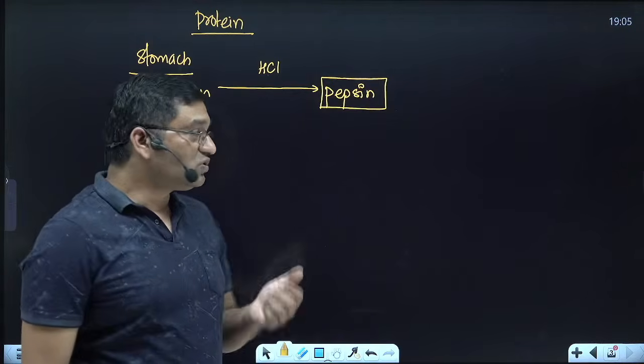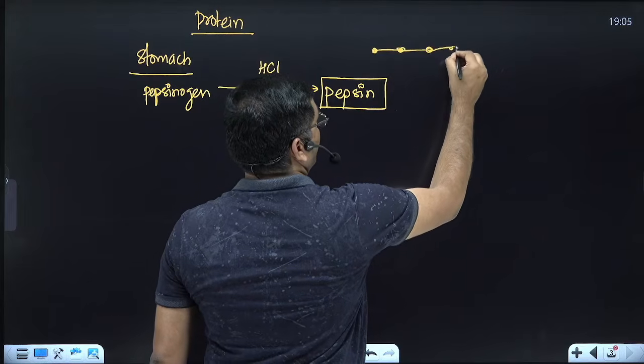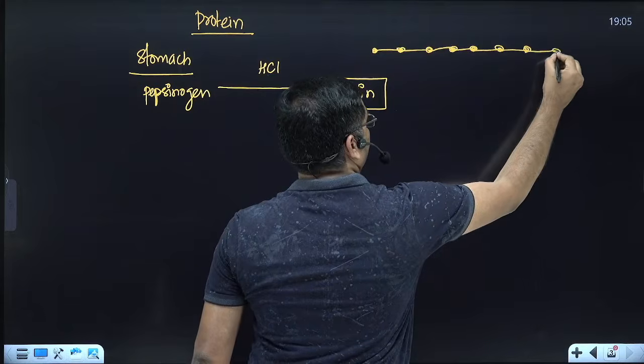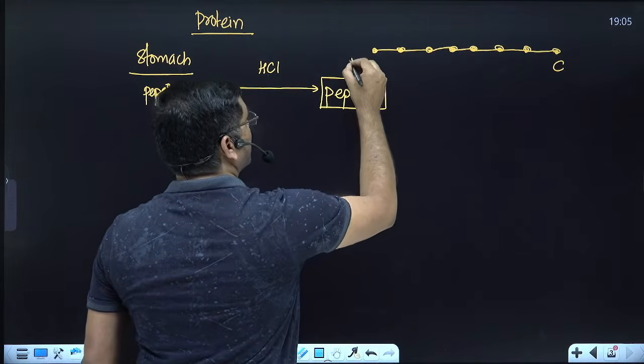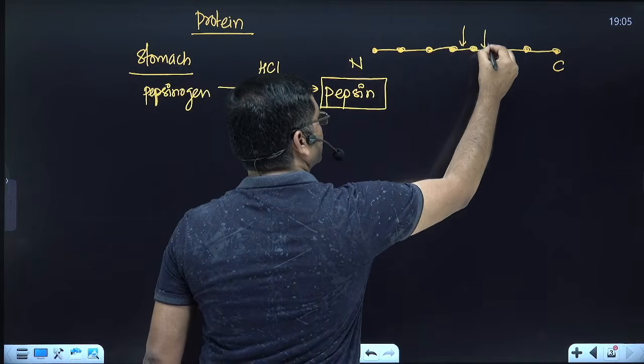It cleaves the internal peptide linkages. Suppose this is a polypeptide. This is the carboxyl terminal. This is the amino terminal. So pepsin will act on internal peptide linkages.